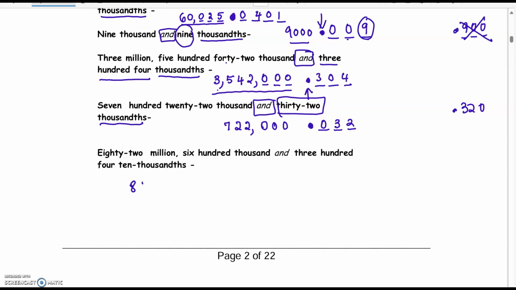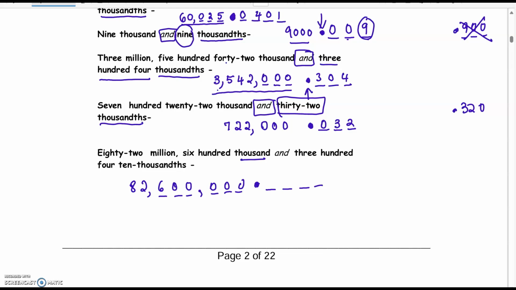82,600,000. So 82 million. Million tells me there are 6 more blanks to fill. So the next period is the thousands. So that is 600,000. So that would be the next. And so the and would mean 0.304 ten thousandths. 10 thousandths tells me there are 4 decimal place values.